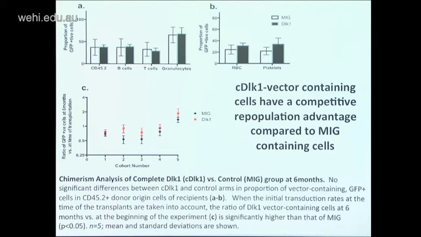But when you look at 6 months, the Dlk1 has actually caught up with MIG, and when you take that initial transduction rate into account by dividing the GFP positive proportion by the initial rate, the cDLK1 vector containing cells seem to have an advantage compared to the MIG containing cells in terms of reconstituting the recipient mice.